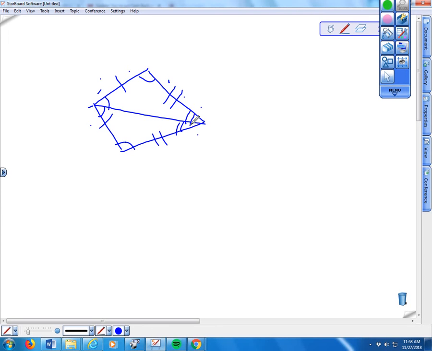It's an angle bisector. This diagonal does not do that necessarily. It's not a given. You can't assume that. But this one does.